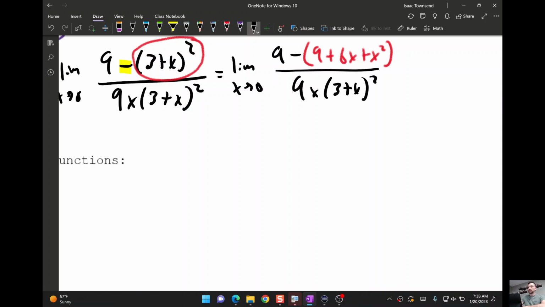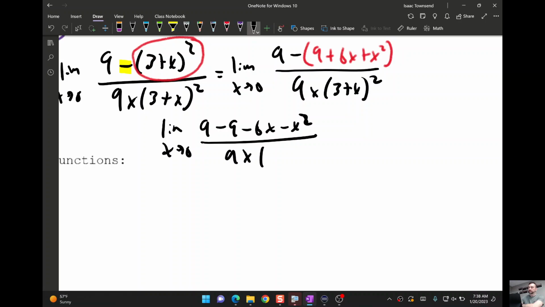Again, because I just didn't know what else to do. Then I took a step and it looks like I distributed the minus. And then I can at least say 9 minus 9 goes away.